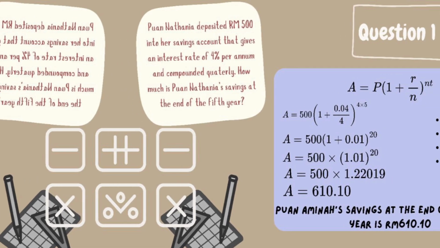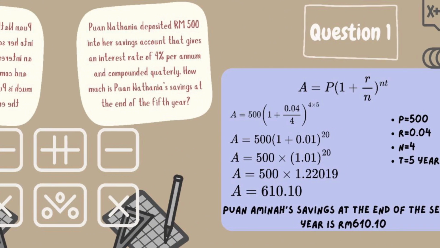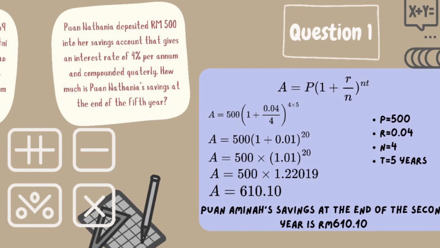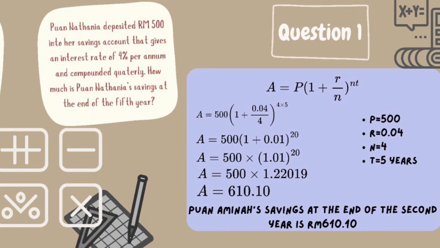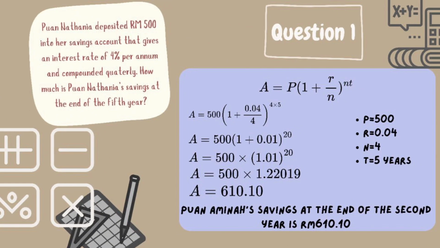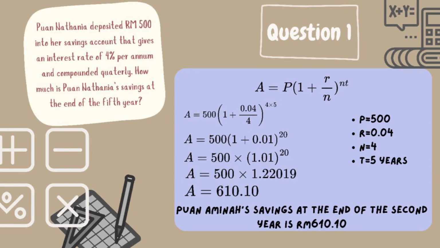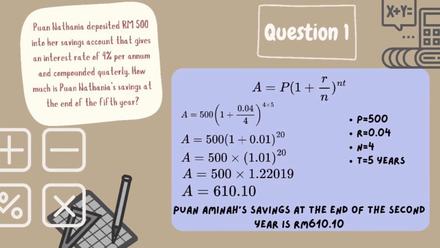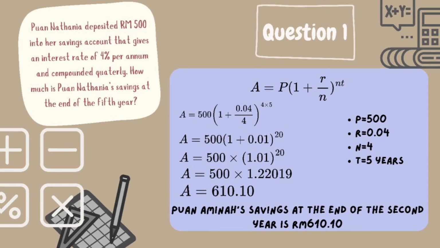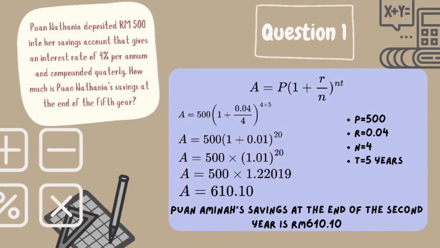As for the first question, Puan Nathania deposited Rm 500 in a savings account with 4% annual interest rate compounded quarterly. To find her balance after 5 years, the compound interest formula is used, where P equals 500, R equals 0.04, N equals 4 compounded quarterly, and T equals 5 years.